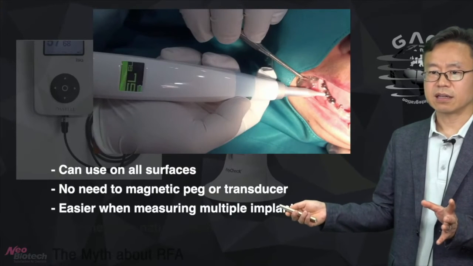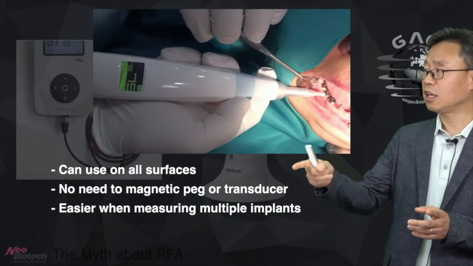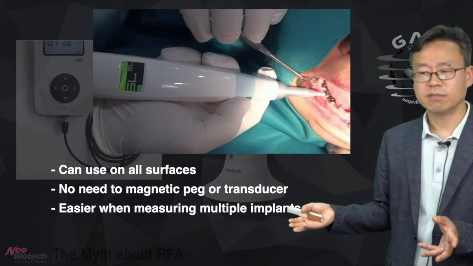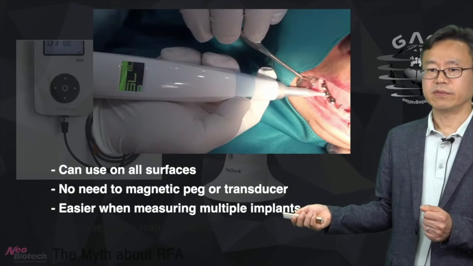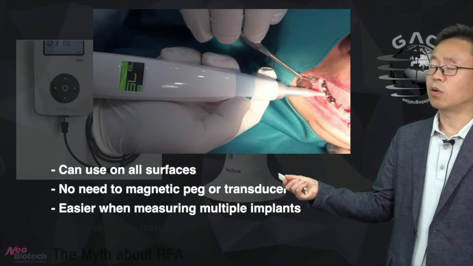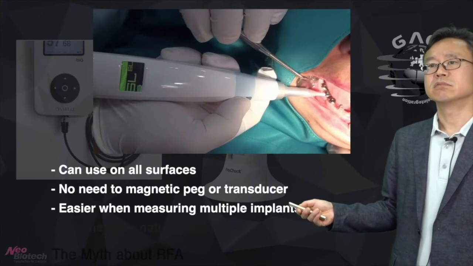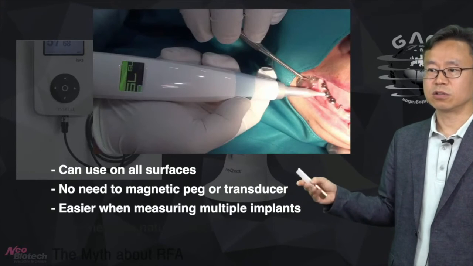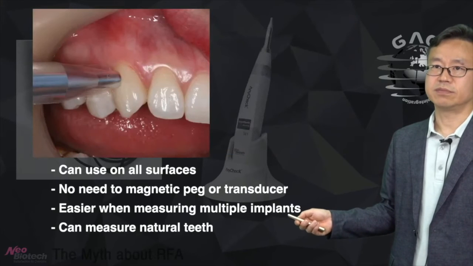But with AnyCheck, you can just simply tap on each healing abutment and then get some idea about the implant stability, whether it's strong enough, or we should wait more, or we can go ahead and start loading. So to make that decision, this is much easier.